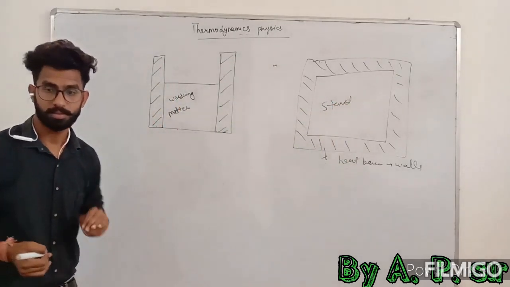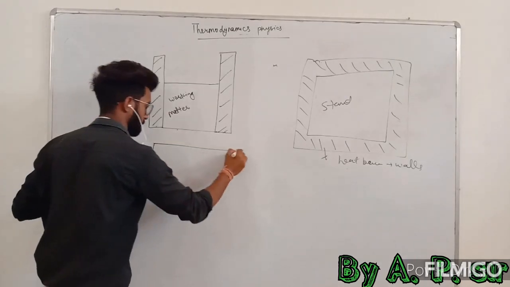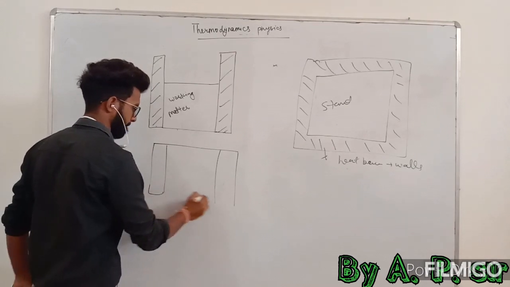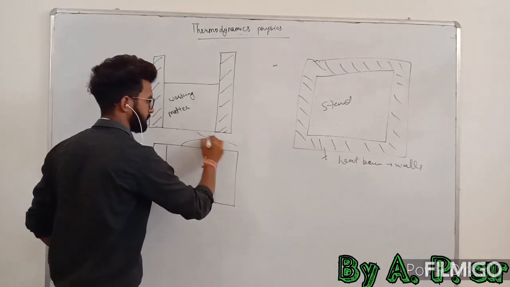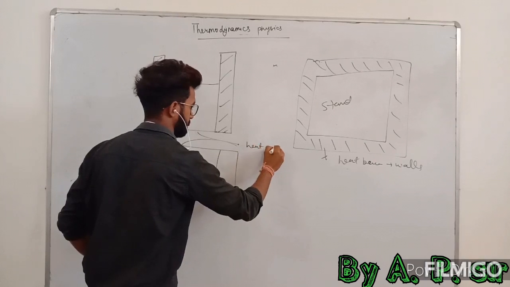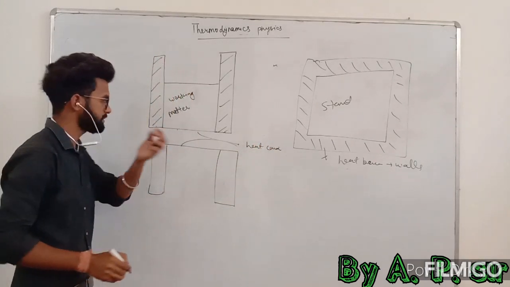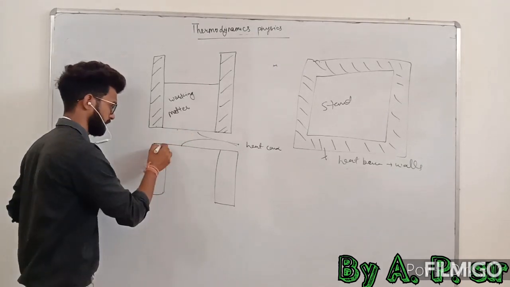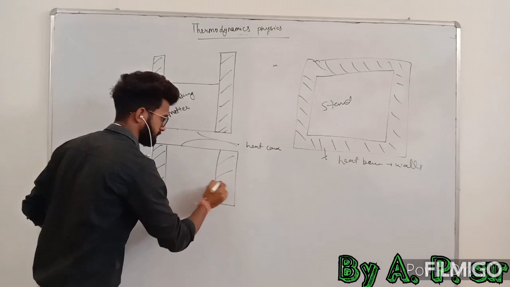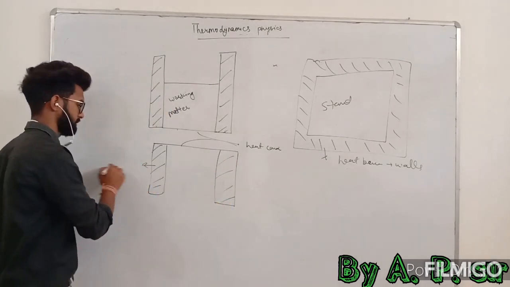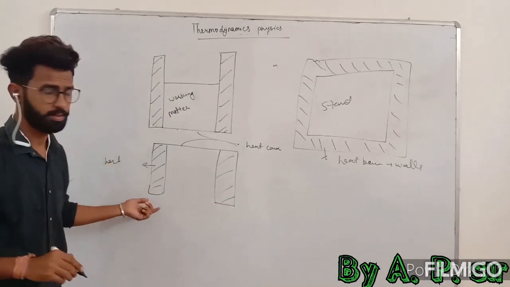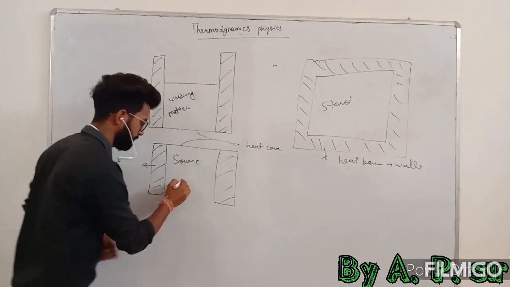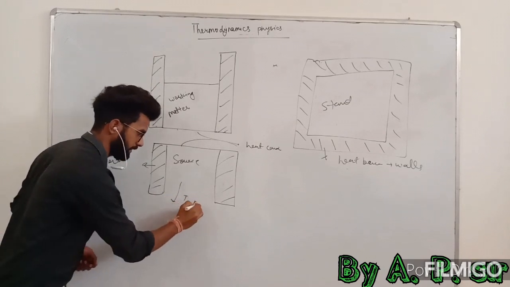And next, heat source. These are heat conductor walls. It means heat exchange is very easy there. And this is heat barrier. This temperature is T1 Kelvin.